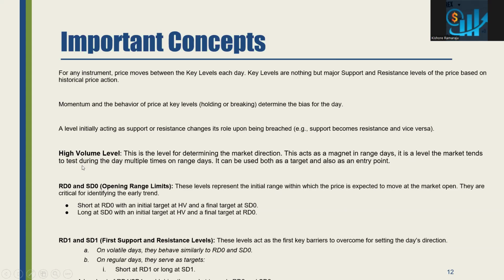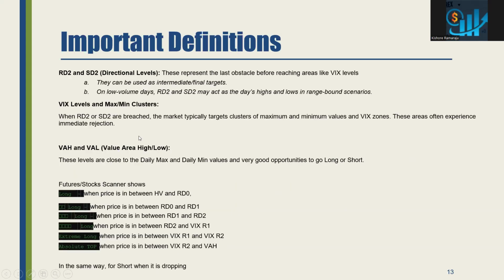So you need to understand what is a high volume level, what is RD0, SD0, RD1, SD1, RD2, SD2, VIX levels, VH and VL. So when price is in between high volume and RD0, you just see it as long in the scanner. If it is between RD0 and RD1, you see long with two arrows. RD1 and RD2, with three arrows.